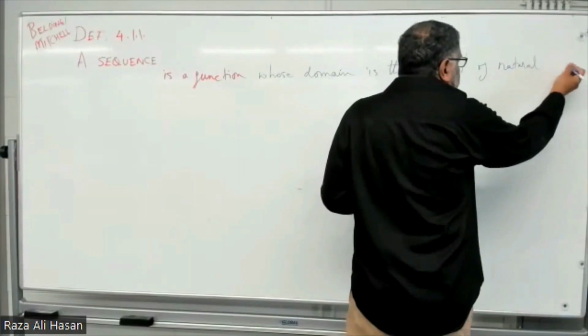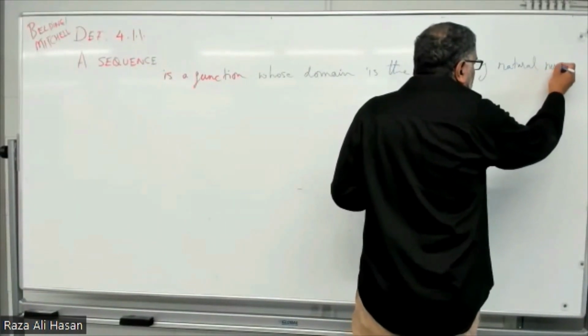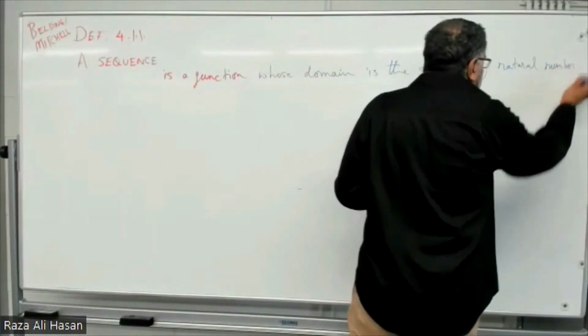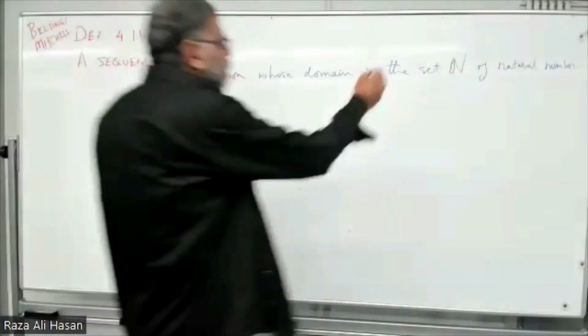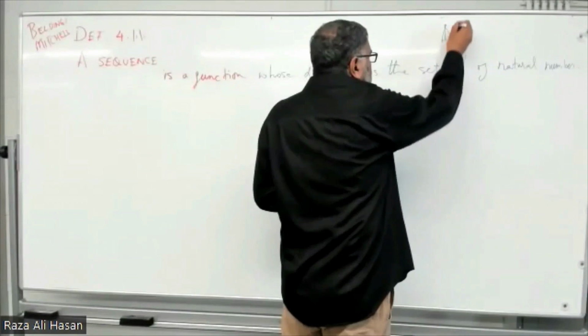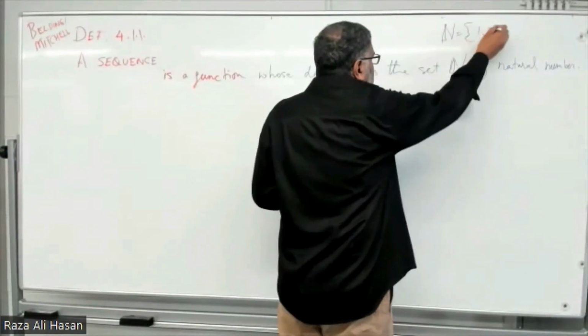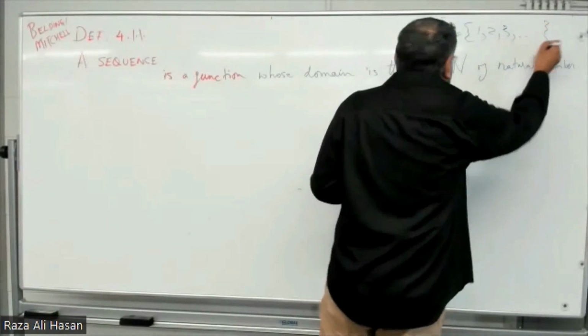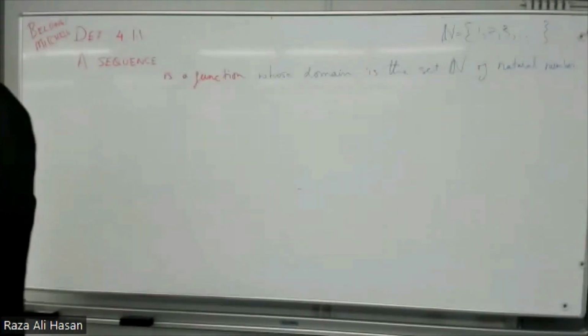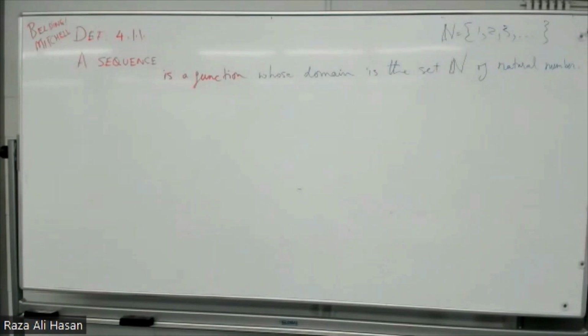Tristan, anytime you have a question, stop me. The set of natural numbers, we all know, is 1, 2, 3, and so on to infinity. And a sequence is a function whose domain is the set of natural numbers.